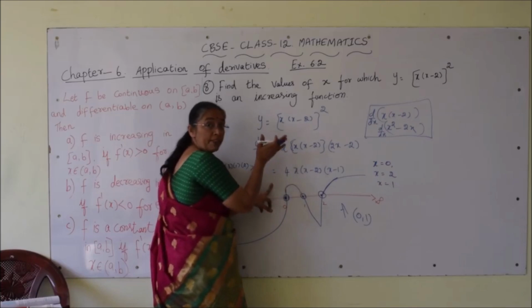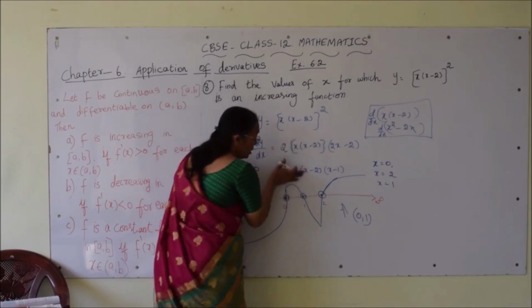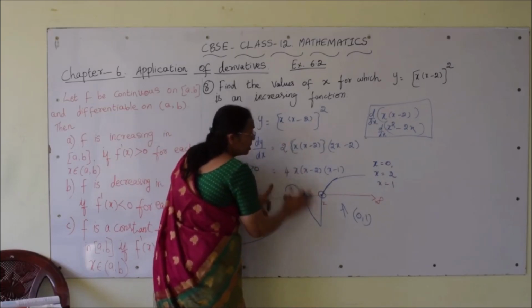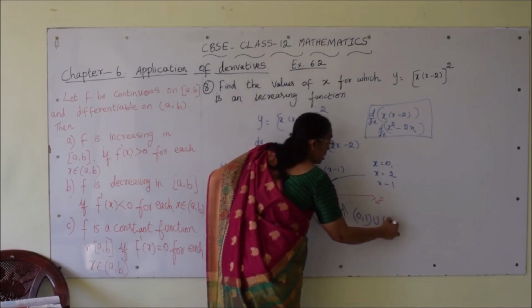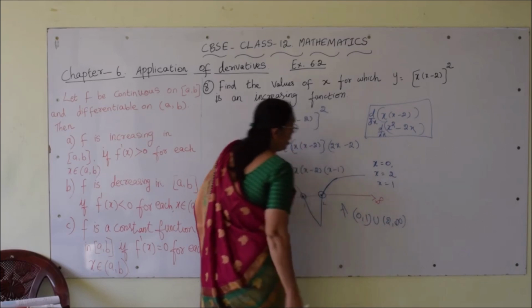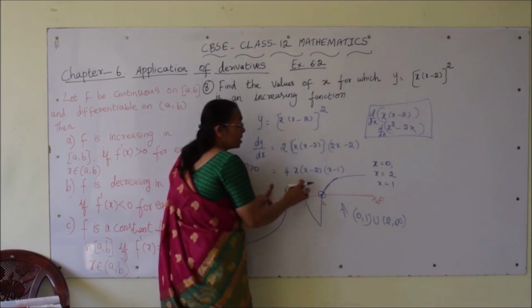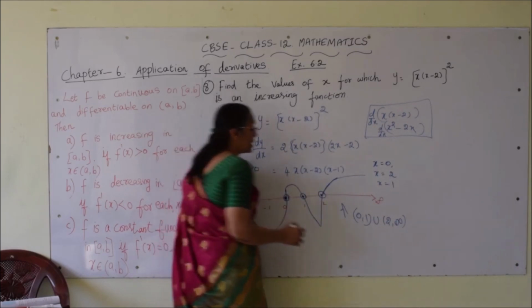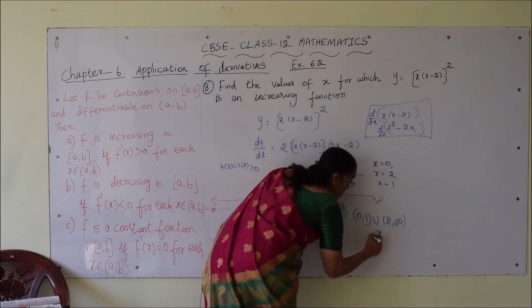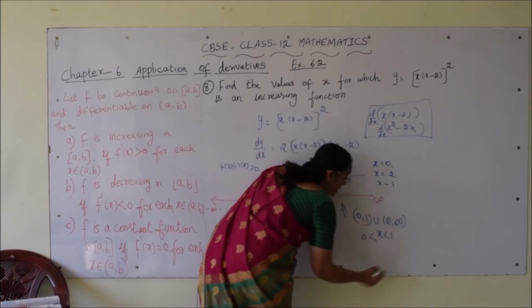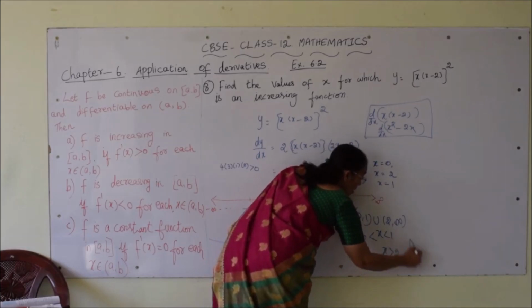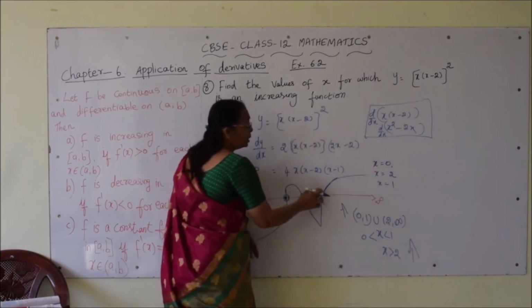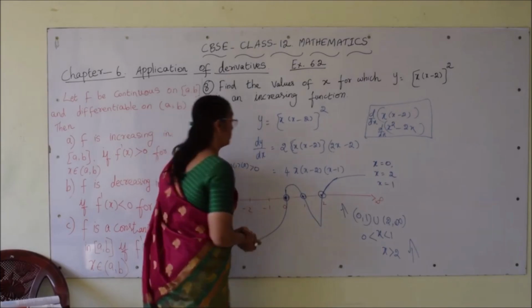So, when the graph is above x axis, it is always positive. So, it is increasing here (0, 1) union (2, infinity). So, the function is increasing in the interval (0, 1) and (2, infinity), or we can say when x is between 0 to 1 and when x is greater than 2, the function is always increasing. In between 1 to 2 again it is decreasing.